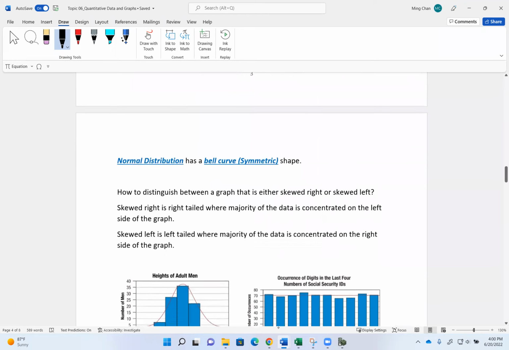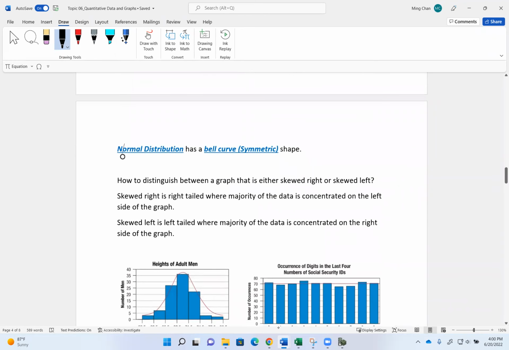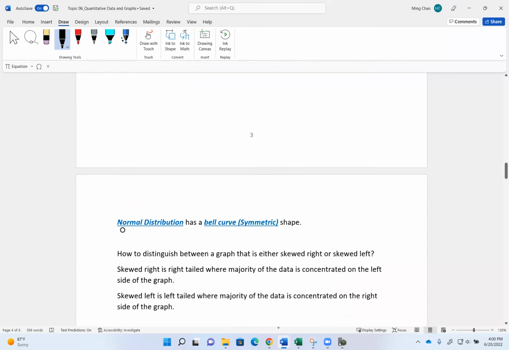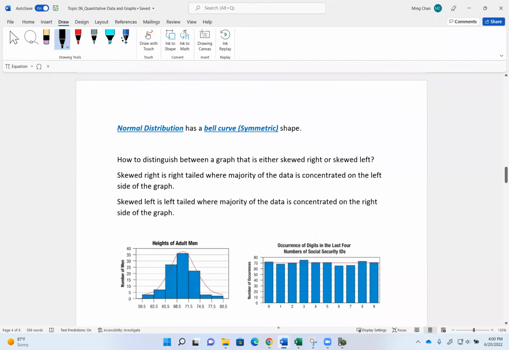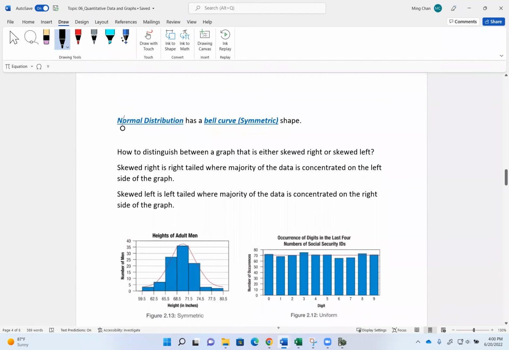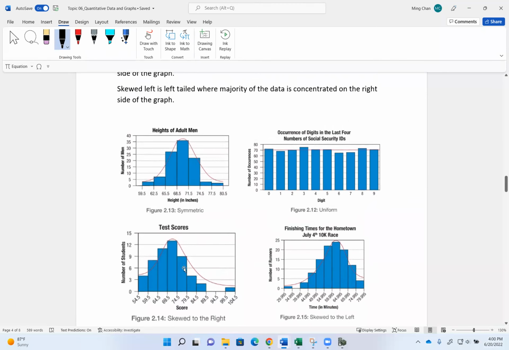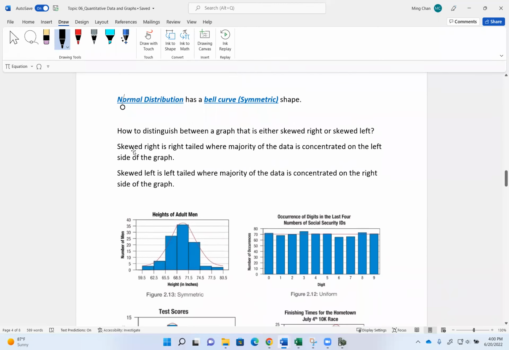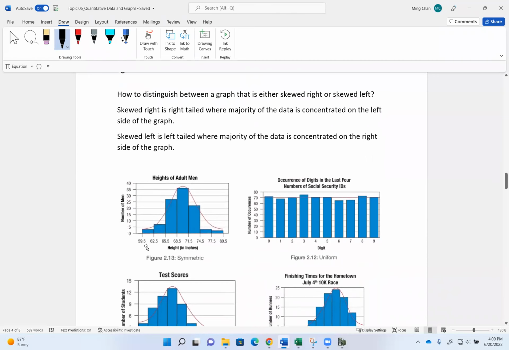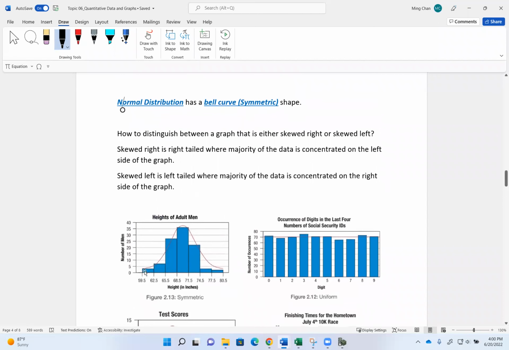All right, this thing called a normal distribution means the graph has a bell curve shape. All the examples I have here are histograms. The bell curve shape is referring to a graph that is symmetric. A normal distribution is symmetric.